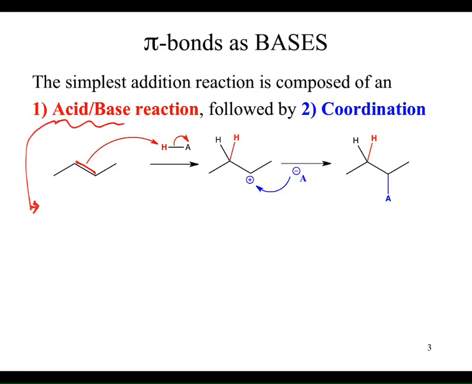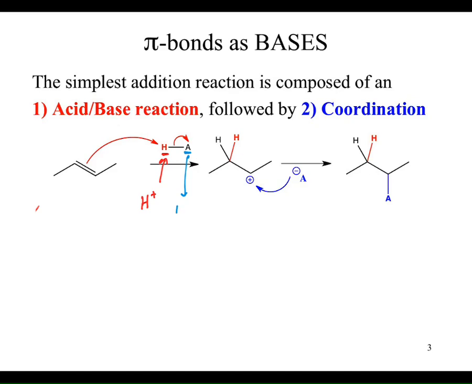But it's really just an advanced acid-base reaction. We're taking the electrons from the pi bond, we share them with our acid. This hydrogen we would expect to be H+, because whatever this A is, it's withdrawing electrons from that hydrogen. That could be a variety of different atoms.